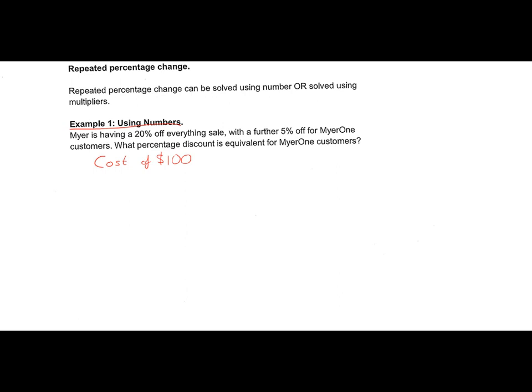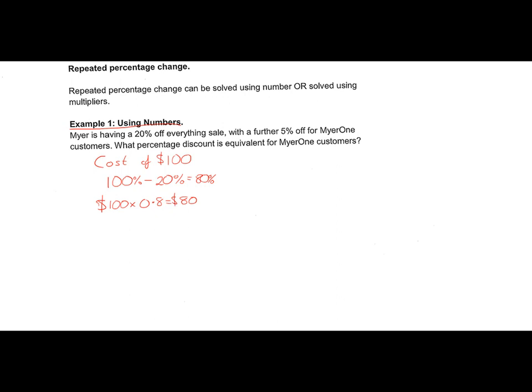So the percentage discount is the 100% minus 20%, which equals 80%. So we're going to find 80% of $100. So $100 multiplied by 80% as a decimal, 0.8, gives us $80.